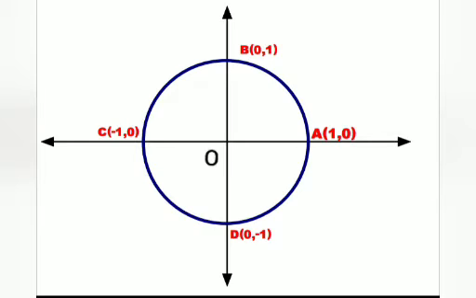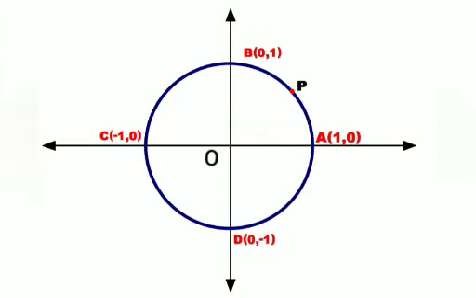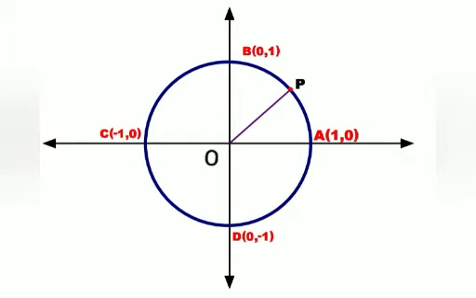This circle cuts the coordinate axes at A, B, C, and D. Here OA is equal to 1 unit, OB is also 1, OC is equal to 1, and OD is equal to 1 unit. Now let us take a point P on the circle. Then the distance OP is also equal to 1 unit, as it is the radius of the circle.